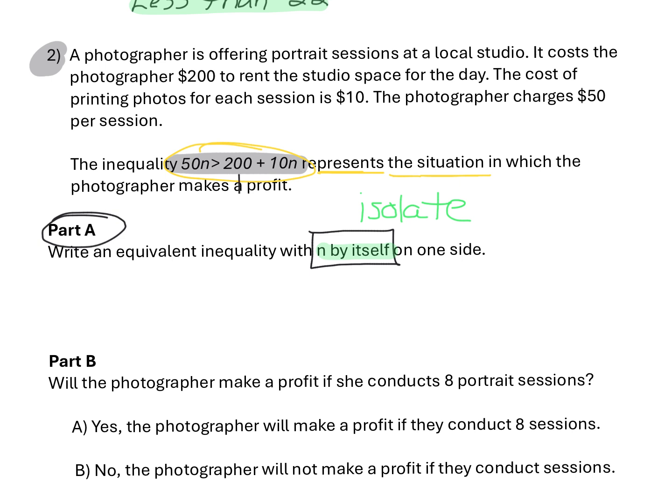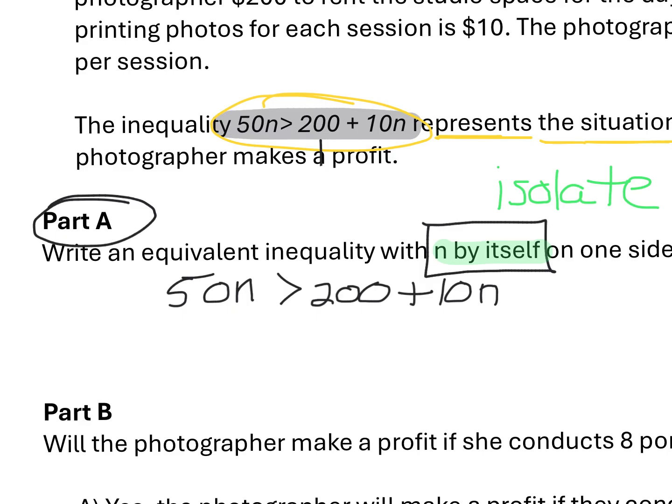So I'm going to take the inequality that's given to me, and I'm going to isolate the n. So I have n's on both sides of the inequality symbol. I need to cancel one of them. To cancel positive 10n, I will do a minus 10n.